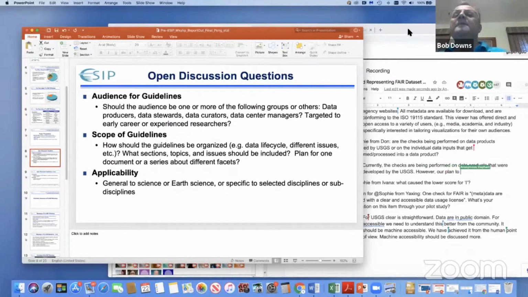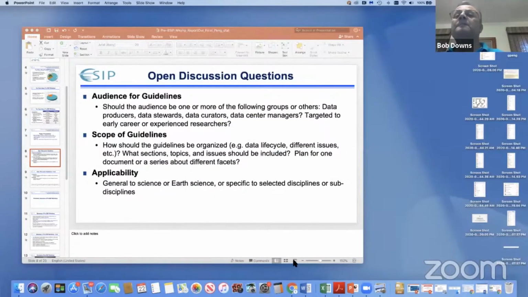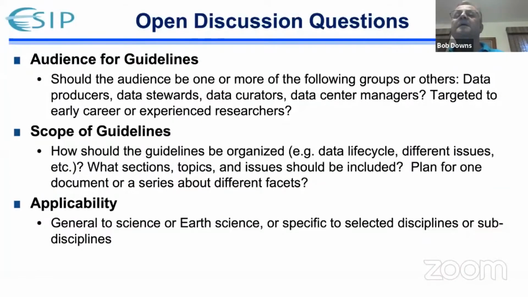And so what we're doing now is we're shifting gears a little bit, and you might recall that the workshop is facilitating the process of developing guidelines for curating and representing FAIR data set quality information. So what we would like to do now is to move towards the planning process for those guidelines.